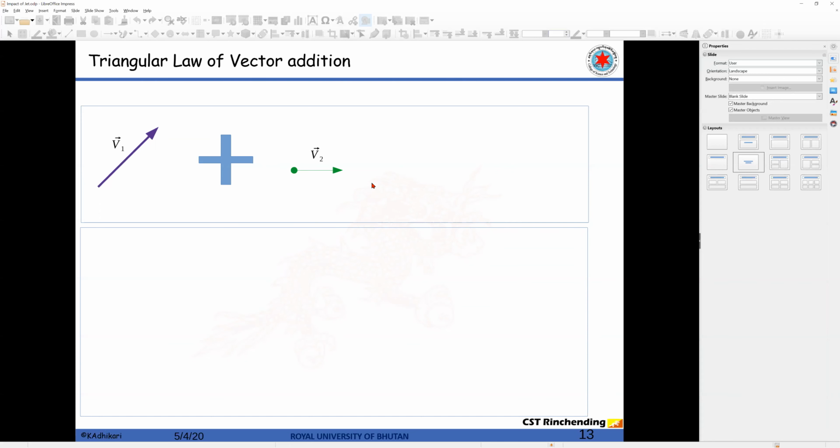First you draw vector 1 in the same magnitude and in the same direction, where magnitude represents the length, and you draw vector 2 from the tip, and the vector that joins the base of vector 1 and the tip of vector 2 is the resultant velocity.